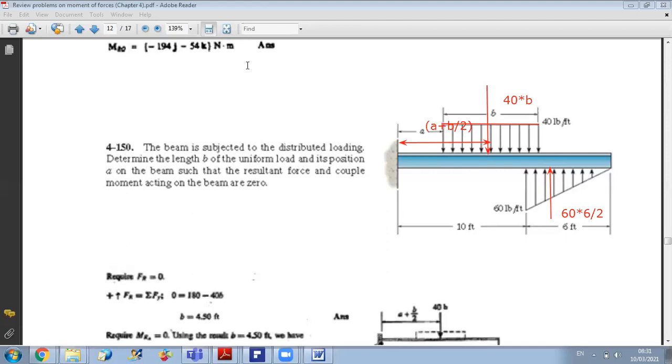And concerning the point of application, it is at 1/3 from the base. So this distance here is 10 plus 1/3 of 6, which is 10 plus 6 over 3. So it's equal to 12.